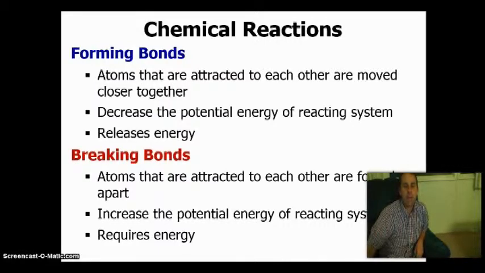Now, sometimes in biology classes, you'll hear the phrase, the reason why ATP releases energy is because it breaks the high-energy phosphate bond. Well, that's kind of a misstatement, because never does it release energy to break a bond. Okay, it always requires energy to break a bond. The release in energy only comes from forming a bond.